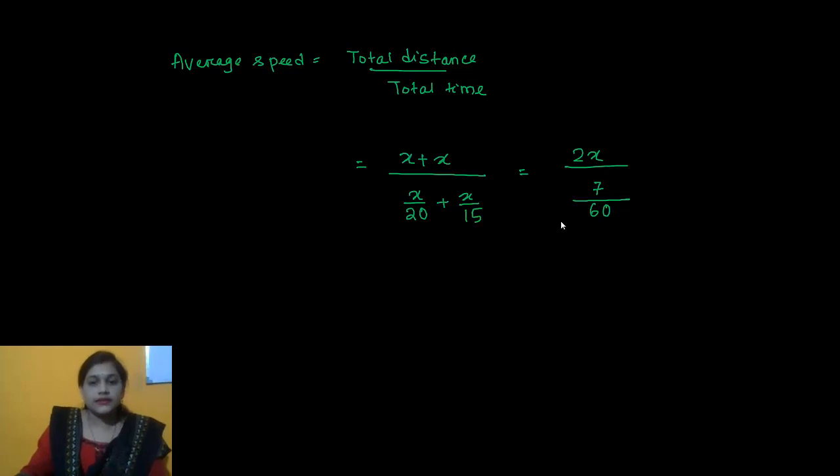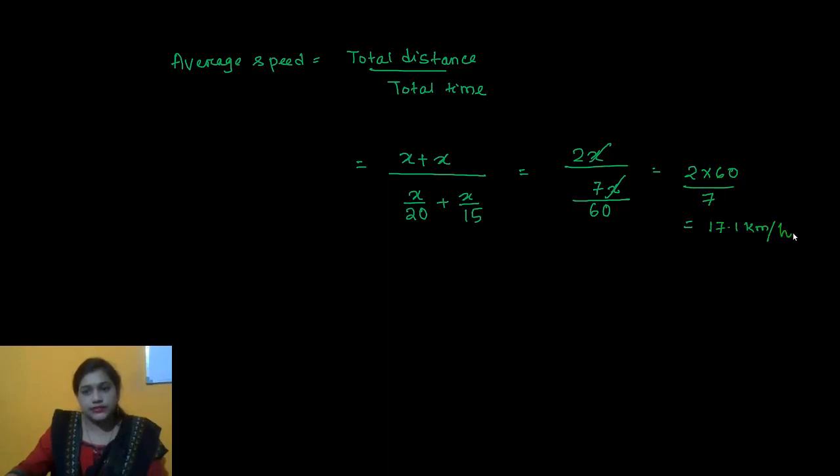After finding the LCM, we get 7X by 60. So 2X divided by 7X by 60. After calculating this fraction, we will get 17.1 kilometers per hour. So our average speed will be 17.1 kilometers per hour.